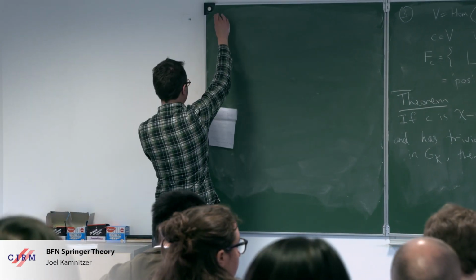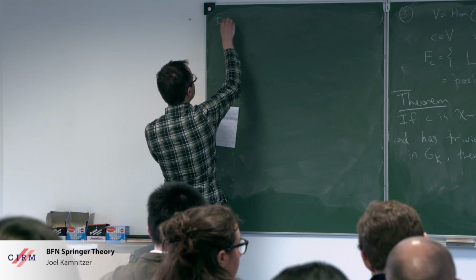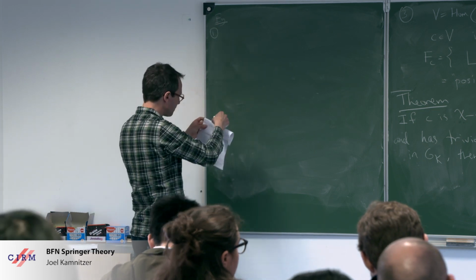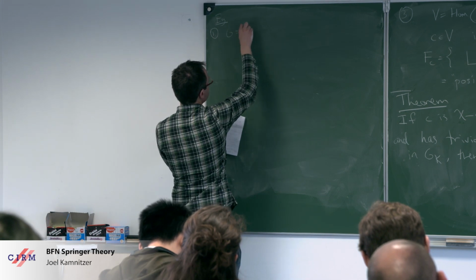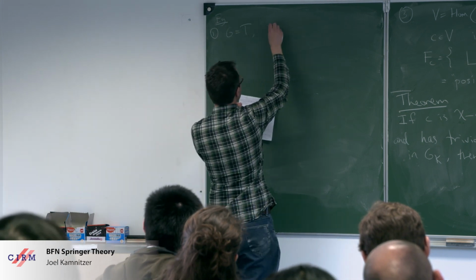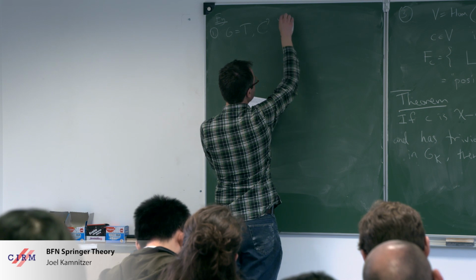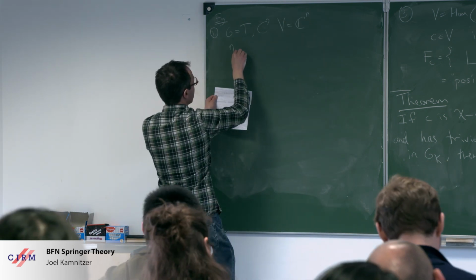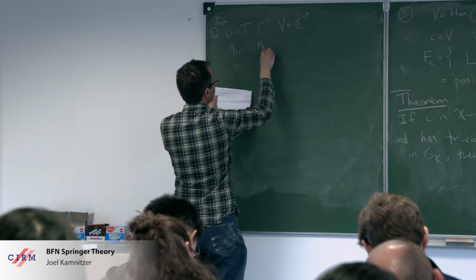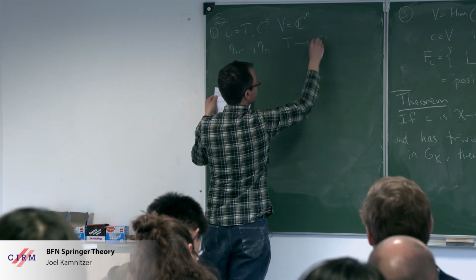Okay, maybe some example. Let me give some more examples. Suppose that my group is a torus, and this torus acts on V, which is C^n, by some characters a_1 to a_n of this torus.